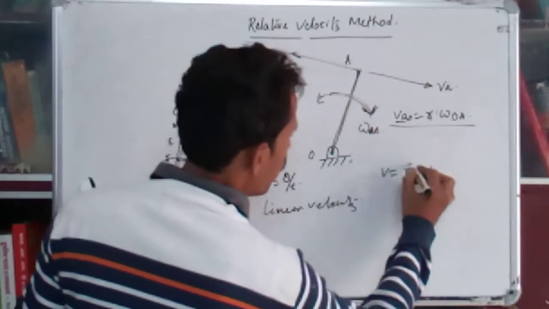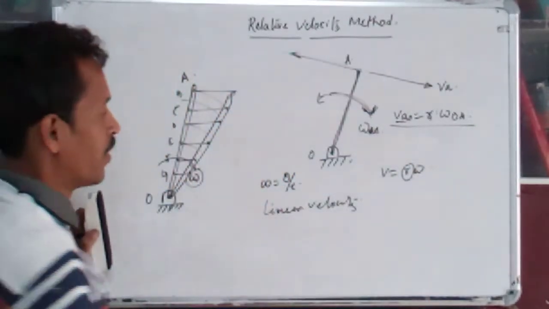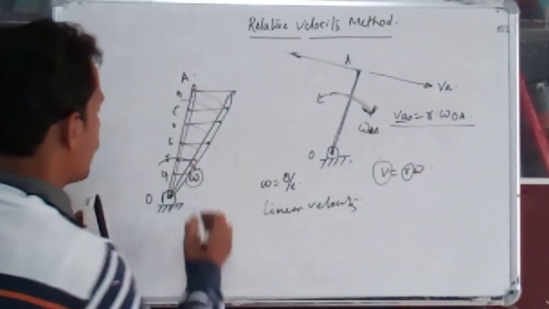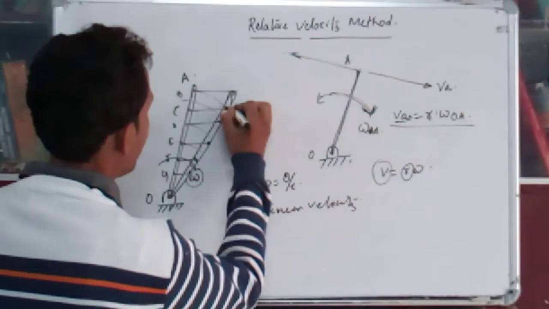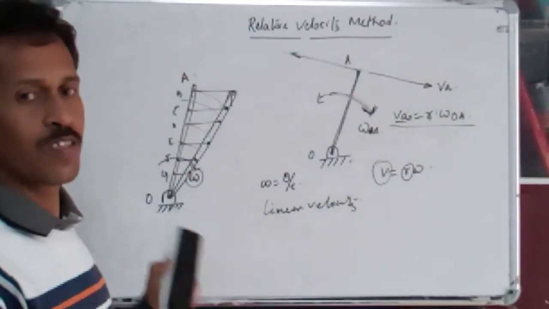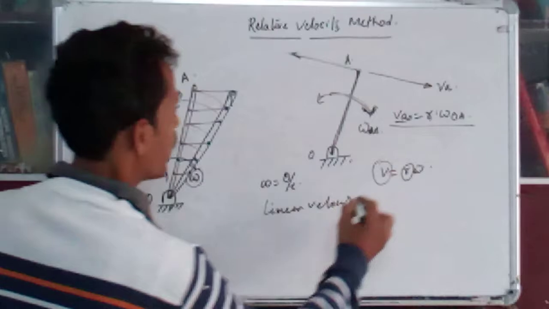You can see that r is changing, that means v will be changing. So in a particular link, the linear velocity will change with respect to the length or radius of the link.